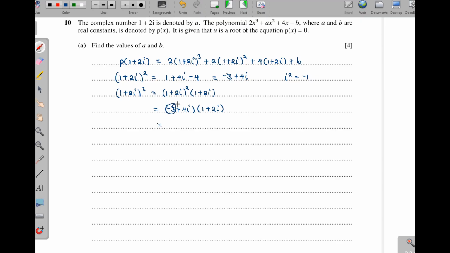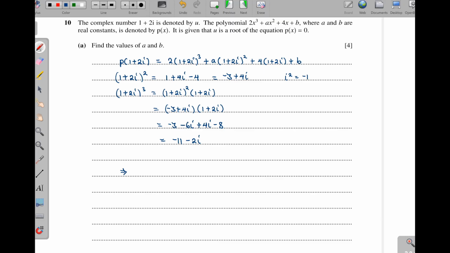So negative 3 times 1 is negative 3. Negative 3 times 2i is negative 6i. 4i times 1 is 4i. And 4i times 2i is 8i squared, which is negative 8. This simplifies to negative 3 minus 8, that is negative 11, and negative 6i plus 4i, that is minus 2i.